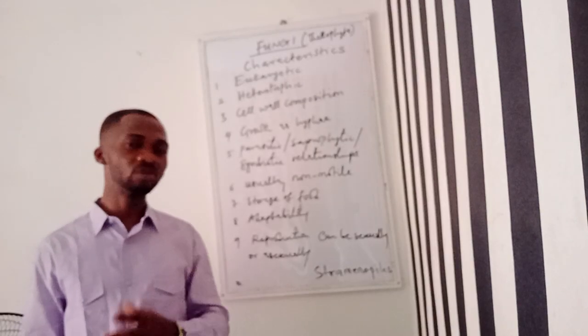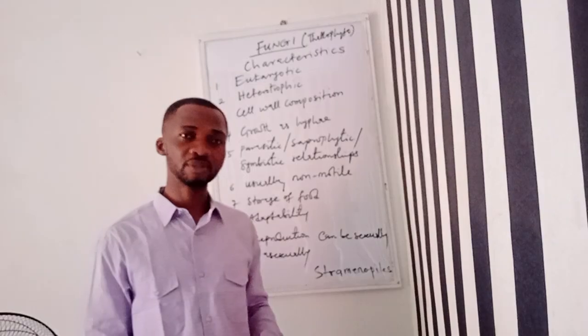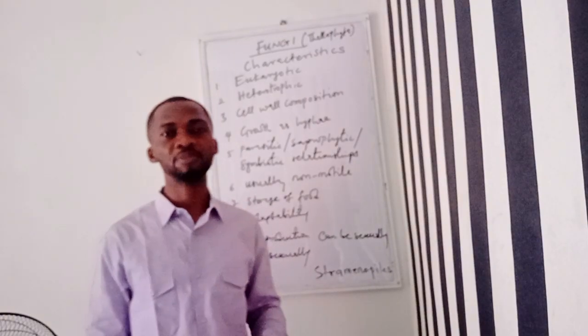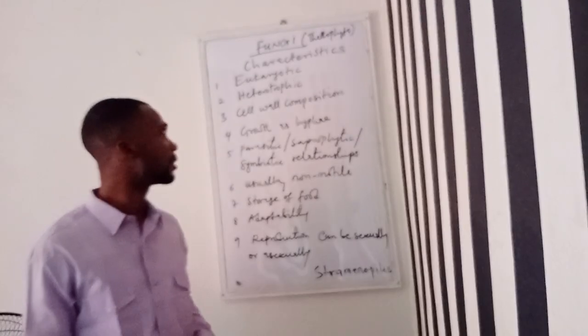They don't produce their own food because they lack the necessary cellular machinery that helps in the production of food, and that is the presence of chloroplast or chlorophyll. So you can't find it in fungi.